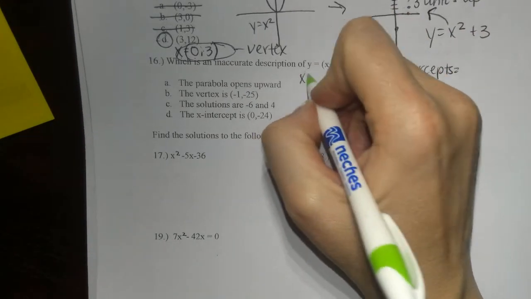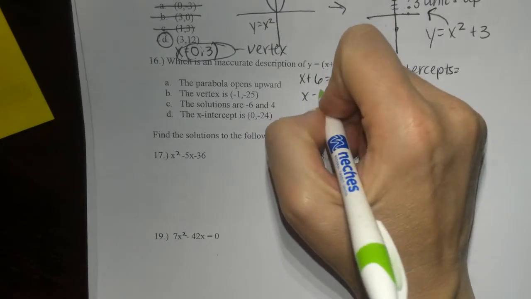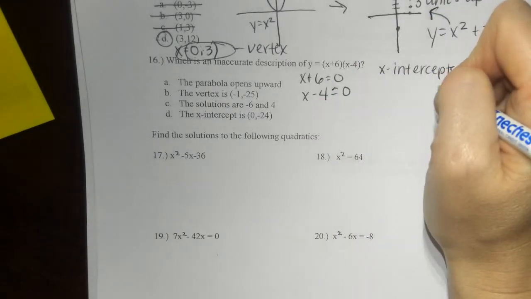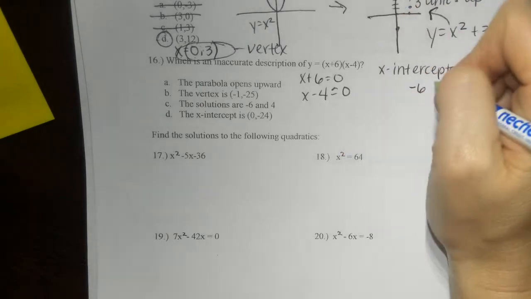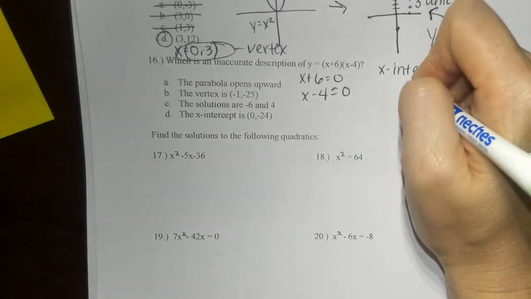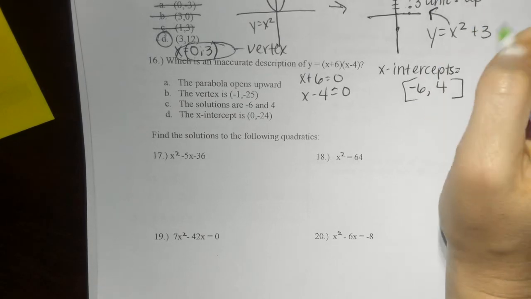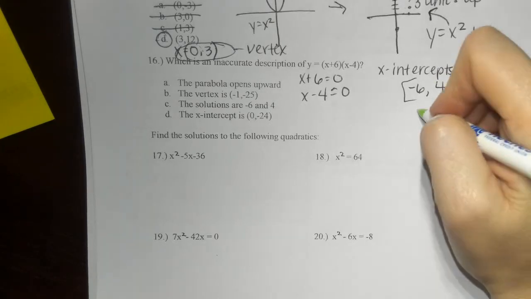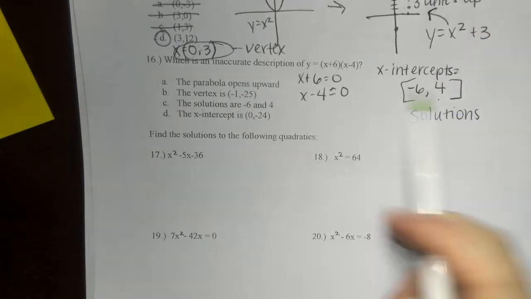So what we would do to get that is we would set each one of them equal to 0 to find the zeros. Remember, this is back from the first lesson we did. And our x-intercepts are going to be at -6 and 4. Okay, so that's our x-intercepts, also known as the solutions, the roots, or the zeros.